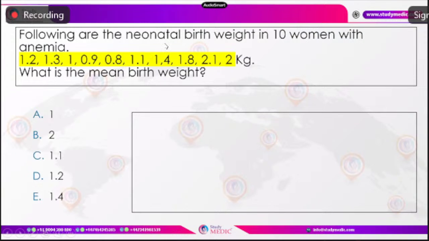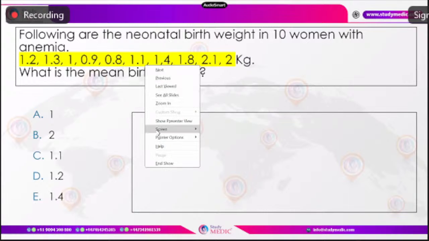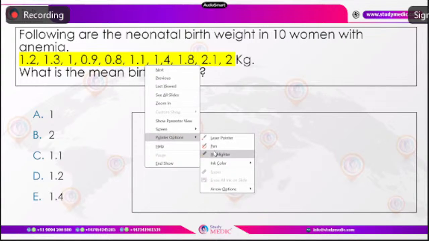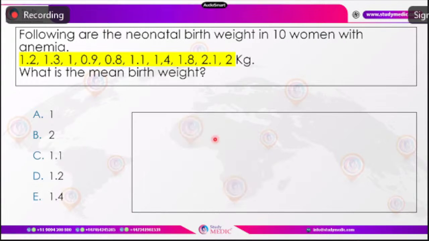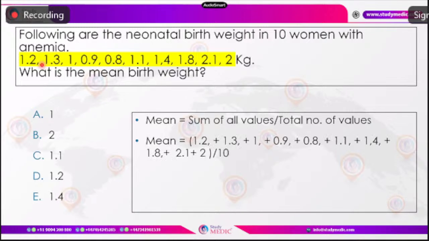Now, following are the neonatal birth weights in 10 women with anemia. So these are the birth weights 1.2, 1.3, etc. What is the mean birth weight? Now how do we calculate this? We need to add all of these: 1.2 plus 1.3 plus 1 plus 0.9 plus 0.8 and so on.